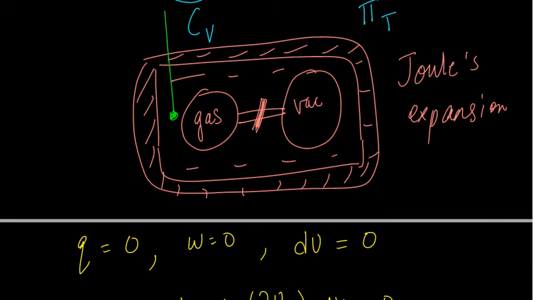So what is expected is that since there is no exchange of heat from outside, I am not allowing any heat to escape or any heat to come in. What you expect is that there should be some change in temperature. If the heat is retained inside, that heat will cause the molecules to move more randomly, at larger speeds.